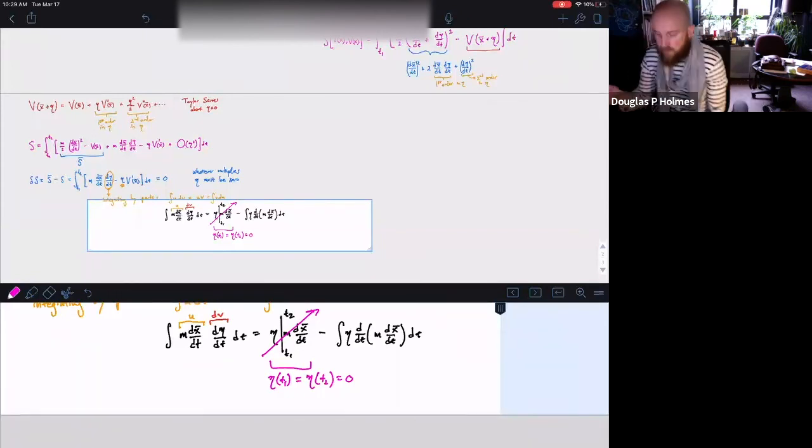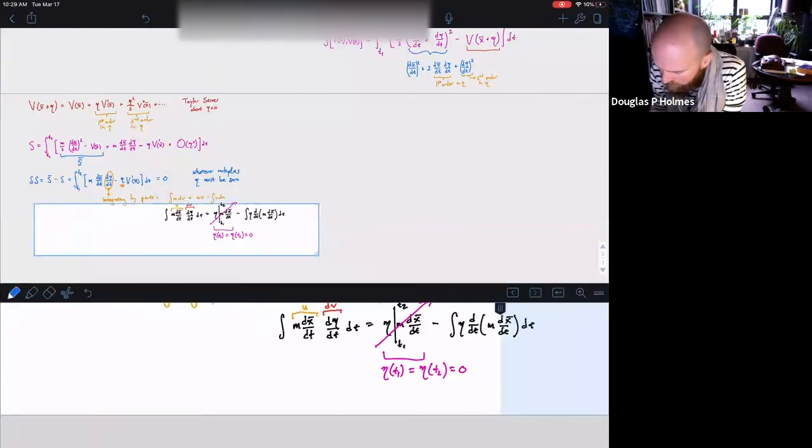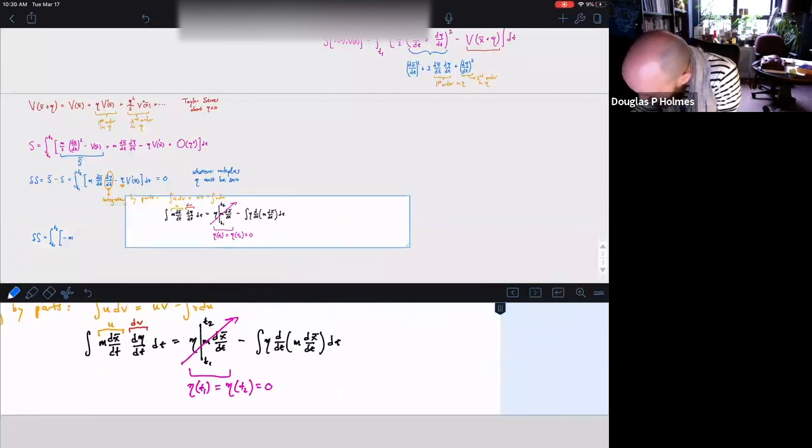So I'm left with my action. I'm left with my first variation of my action, which is equal to the integral from T1 to T2 of negative m. So we're saying m doesn't vary. This term becomes m eta times the second derivative of x with respect to t.